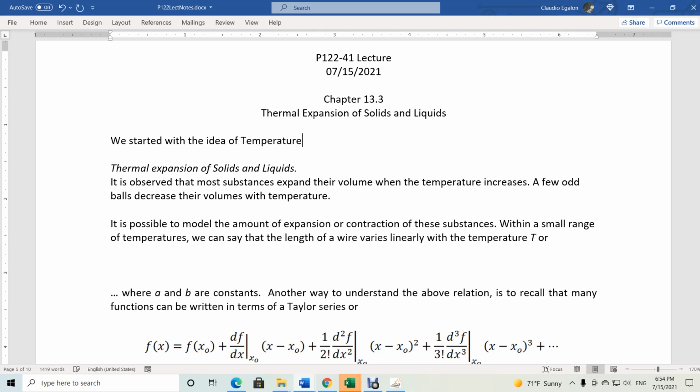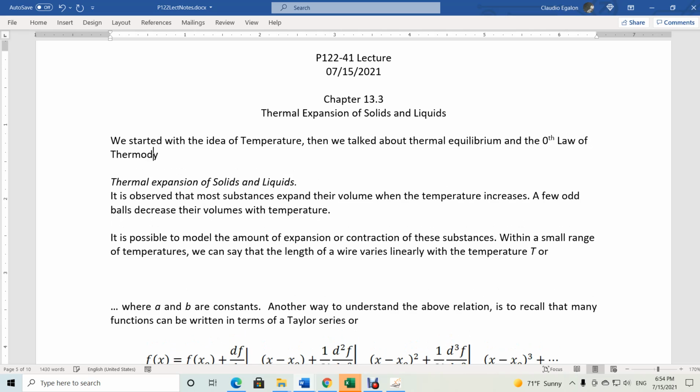Then we talked about thermal equilibrium and the zeroth law of thermodynamics. Today what we're going to talk about is the effect of temperature on the length, on the size of solids and liquids.